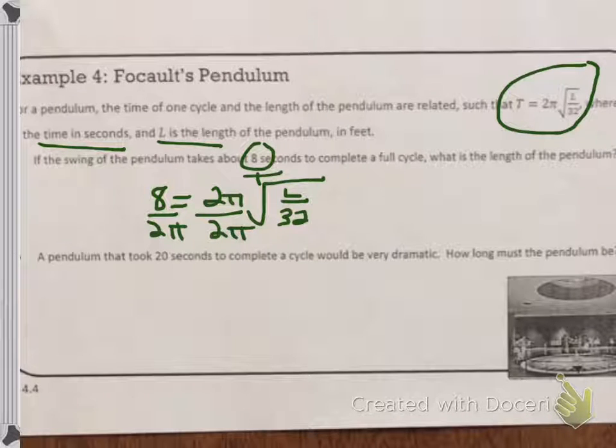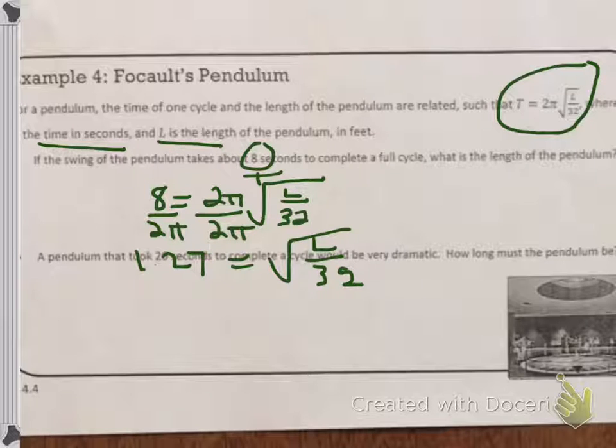So 8 divided by 2 pi is roughly 1.27. So I'll have 1.27 equals the square root of L over 32.